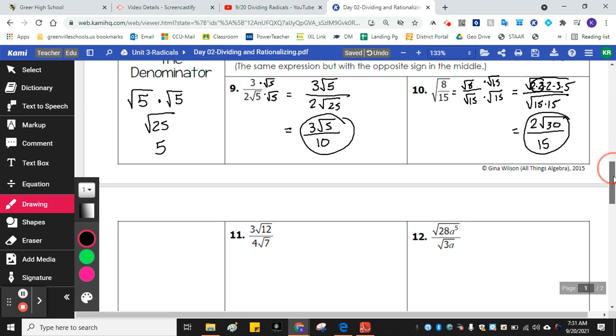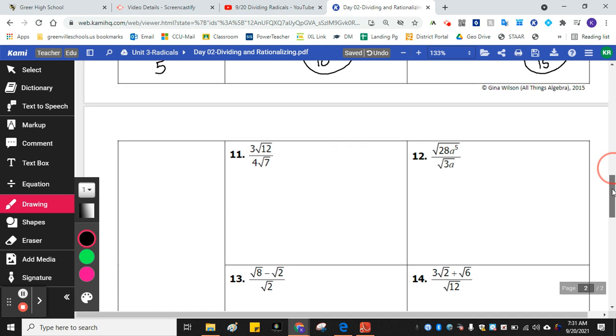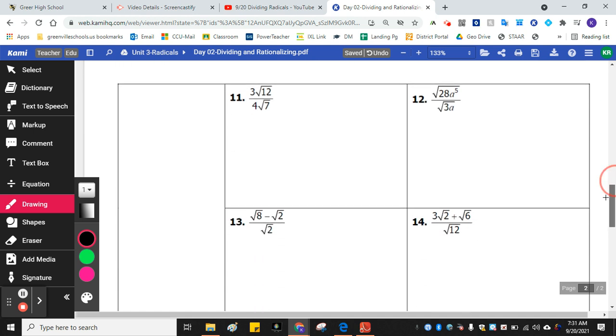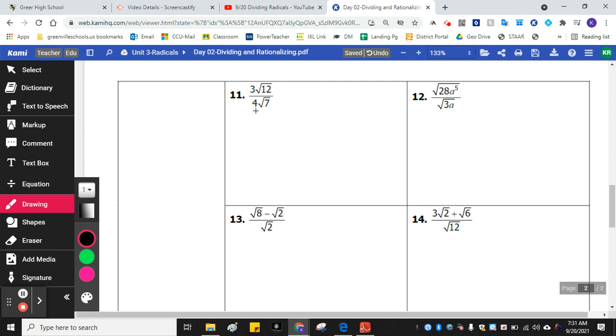So try to divide the numbers outside the radicals and the numbers inside the radicals. Okay, 3 and 4 can't simplify. So we multiply by the square root of 7 on top and bottom. So we have 4 square root of 7 times 7.